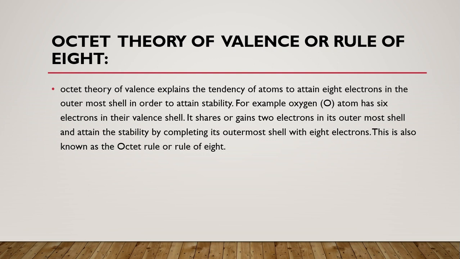So they are left with 2 electrons, right? It shares or gains 2 electrons in its outermost shell and attains stability by completing its outermost shell with 8 electrons. This is also known as octet rule or rule of 8. I hope this is clear.